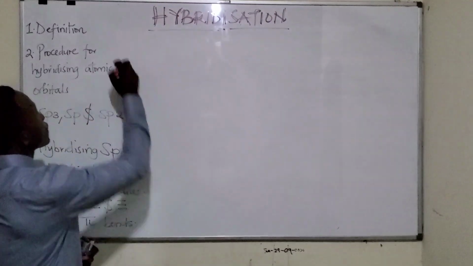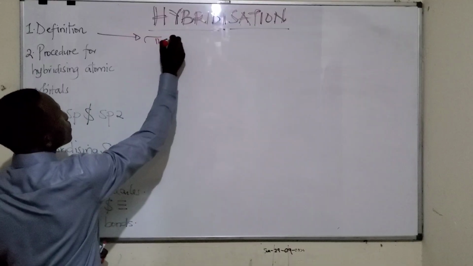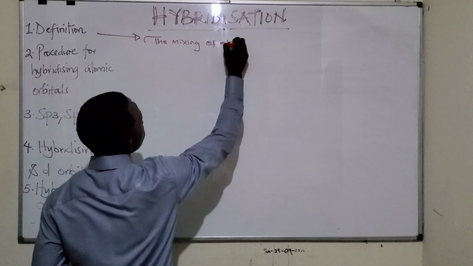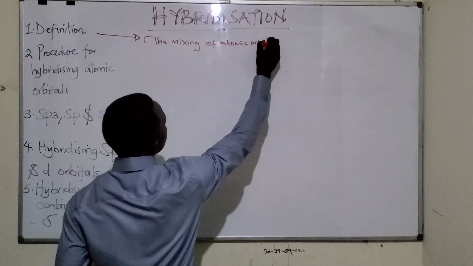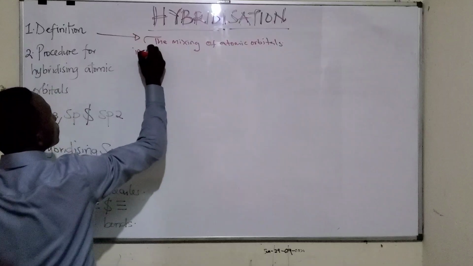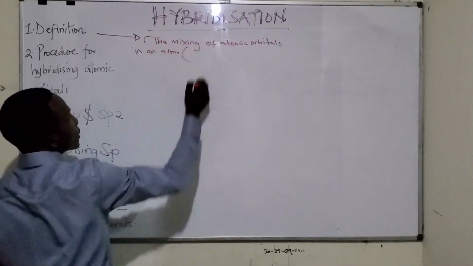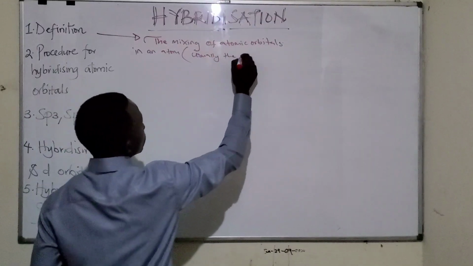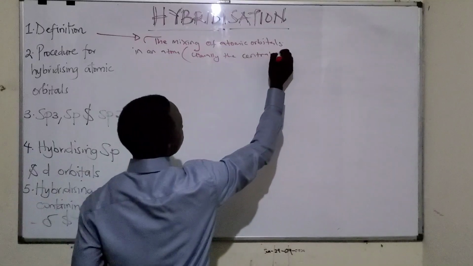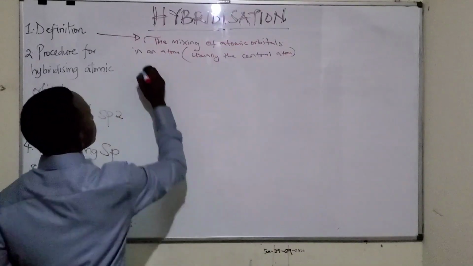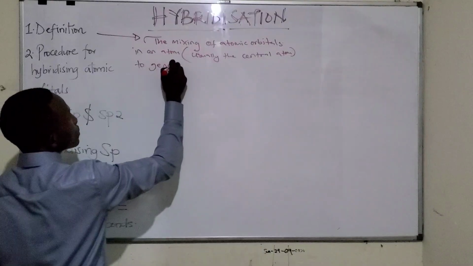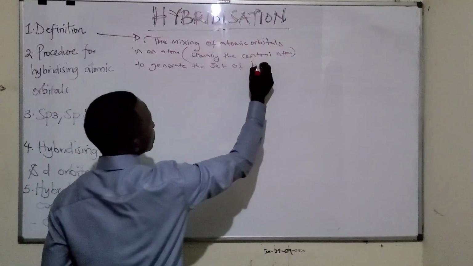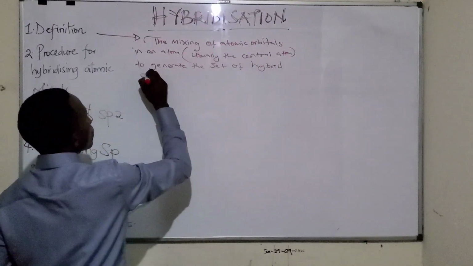Hybridization is defined as the mixing of atomic orbitals in an atom, but this is usually the central atom, to generate the set of hybrid orbitals.